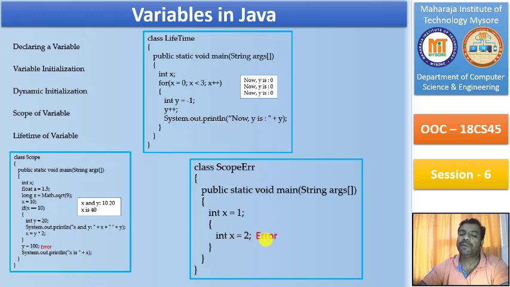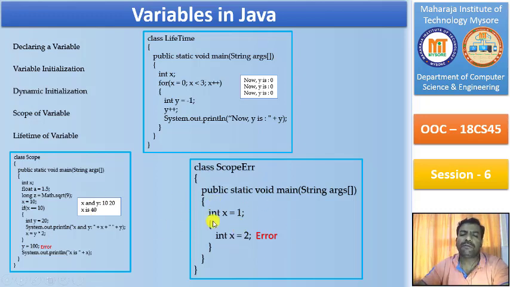It is going to be an error, because the scope of this variable is also in the scope of this block of code. In the same scope, you cannot have two variables with the same name. Hence, I cannot have two variables with the same name in the same block.